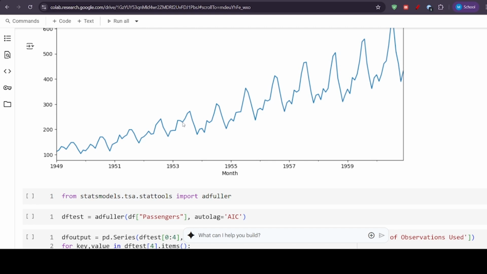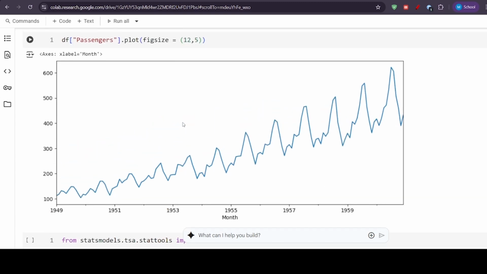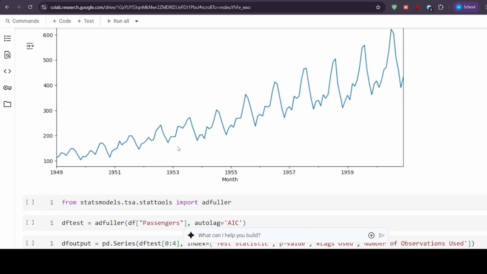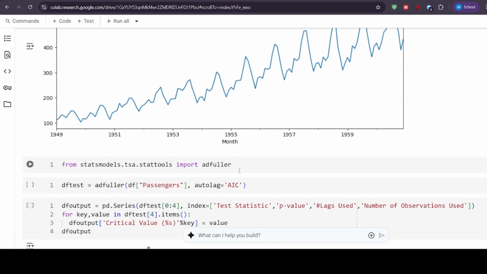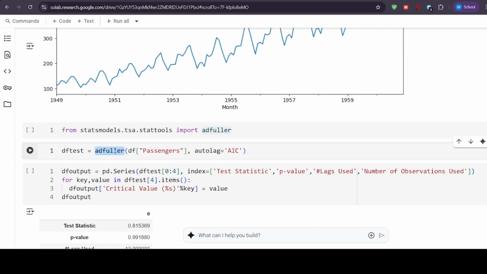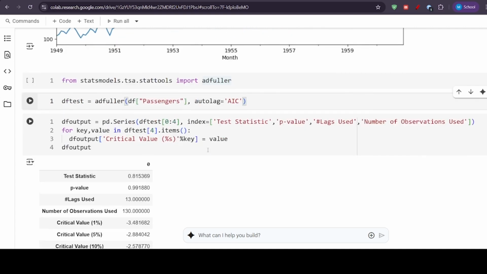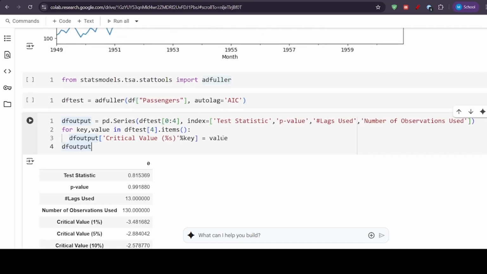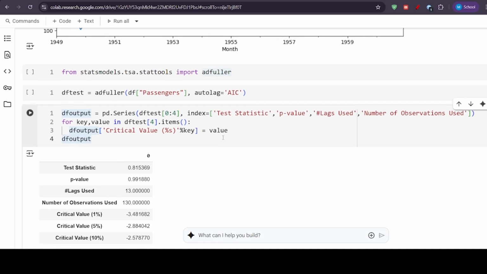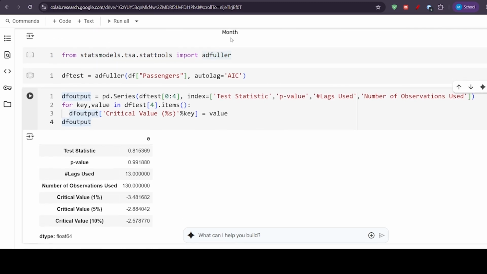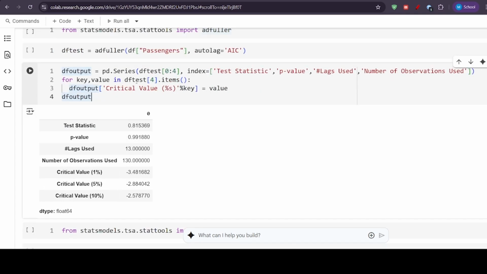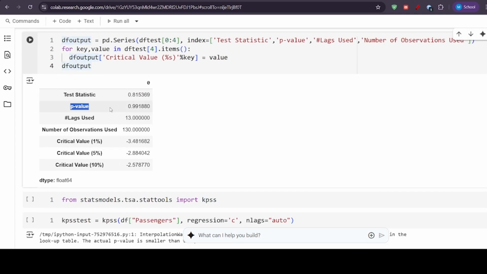But even so, if you don't get it, you can come here and do the ADF test, right? For the ADF test you have to import adfuller from statsmodels, and give it your data, and you can ignore this autolag or something, you just have to keep it. Okay. Now it is going to give you some statistics of the adfuller test. The important thing we have to see is the p-value, right?